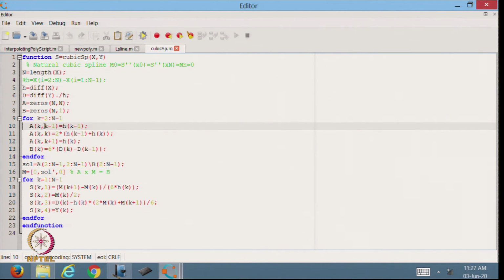This is the coefficient of a k minus 1, that is h k minus 1. At the diagonal elements, the value is 2 times h k minus 1 plus h k, and the next value will be h k. So that coefficient we have found, and on the right hand side it is 6 times d k minus 1. We already know how we have defined this.